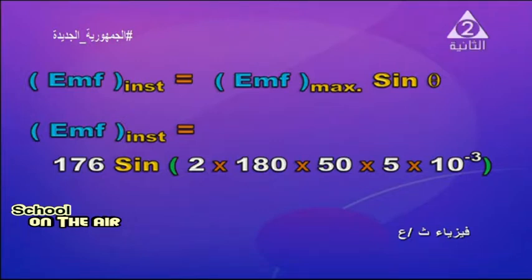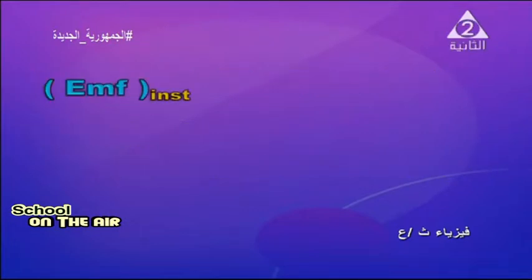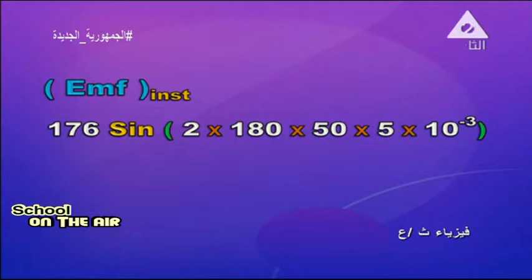And what about the time? Time is given as 5 milliseconds. Your attention, please. When we calculate this using your calculator, we'll find the final result 176. Do you remember, 176 is the maximum EMF? And what does this tell you? This is very important.